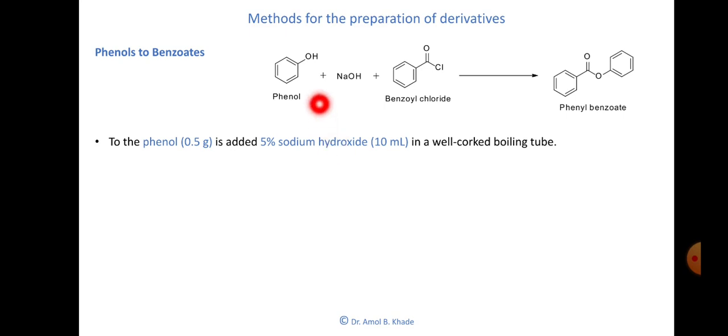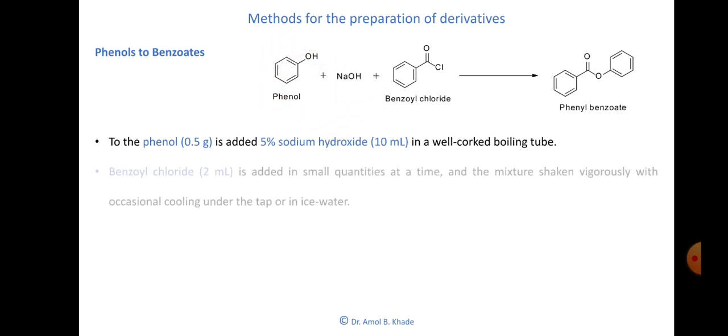Then 2 ml of benzoyl chloride is added in small quantities at a time, and the mixture is shaken vigorously with occasional cooling under the tap or in ice water.